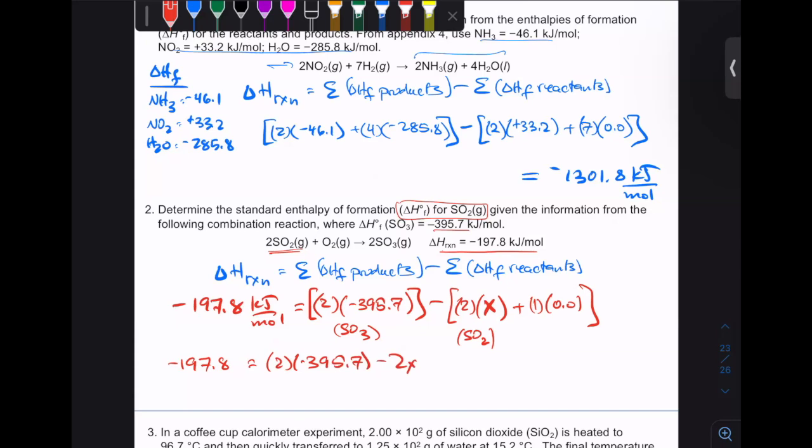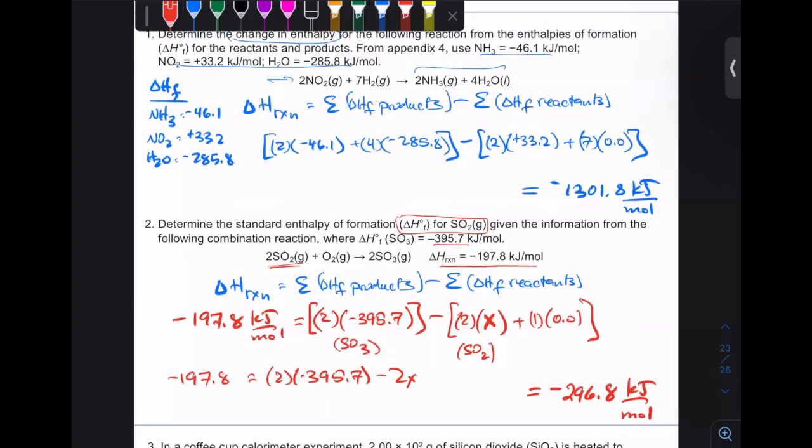So once again, I'm not going to go through showing you that I know how to use my calculator. This is the setup. All right. When you do the math properly, you should get negative 296.8 kilojoules per mole.